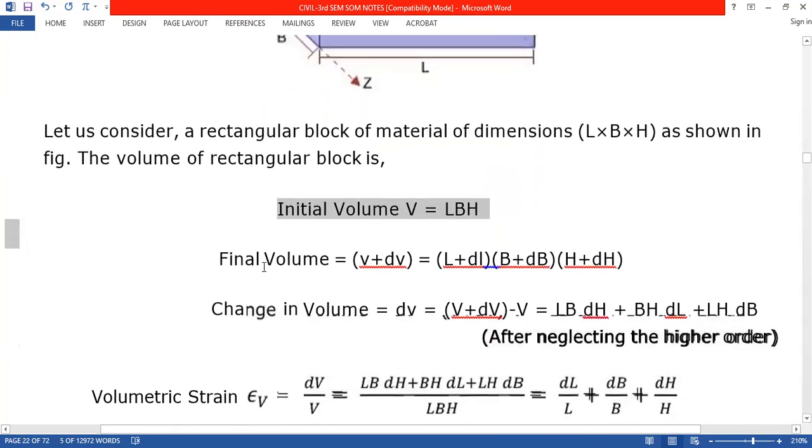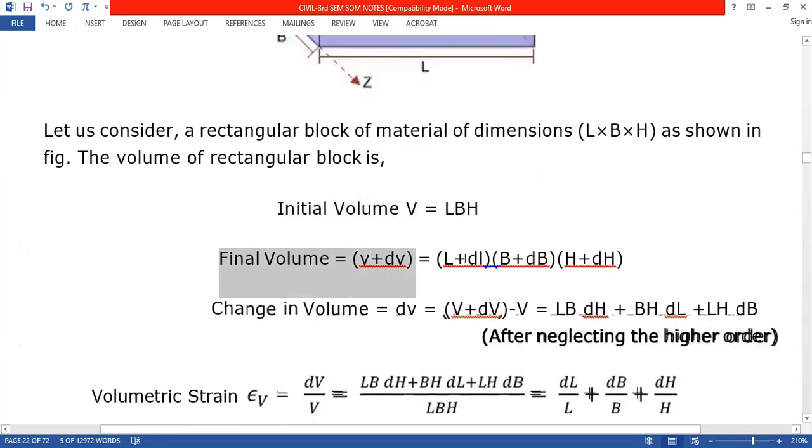Final volume means after the application of the load, irrespective of the type of loading, the volume has changed to V plus delta V. That may be increased or decreased, irrespective of that. So the volume has been changed.